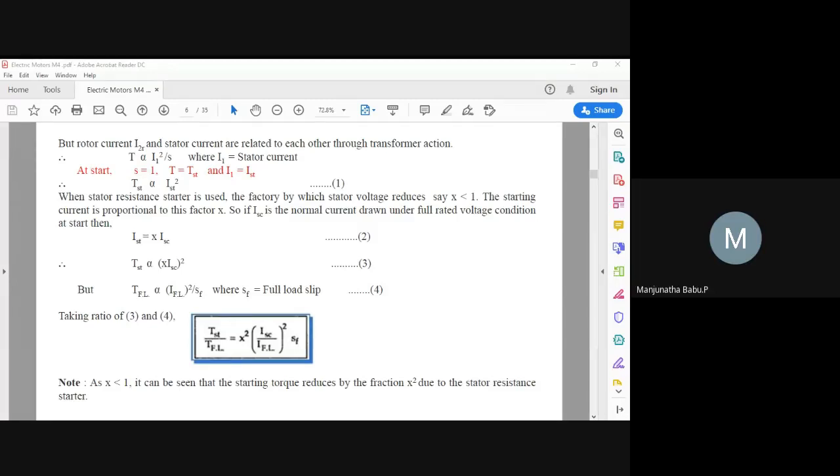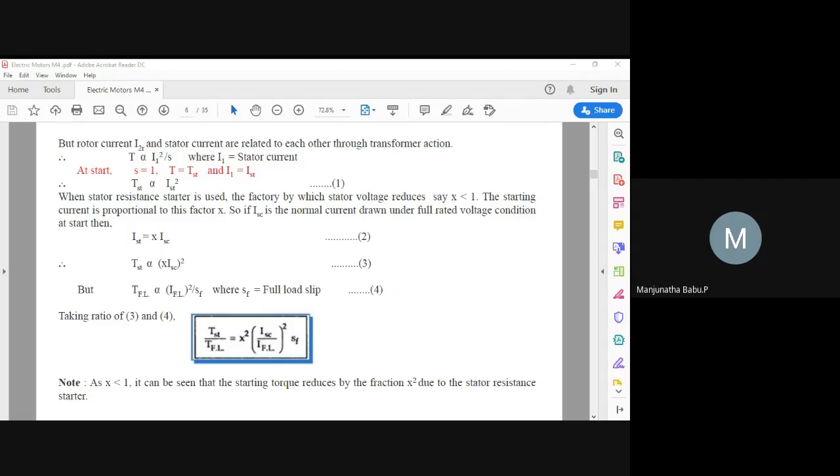Now this is the formula which will be used for any type of starter, whether it is a star delta starter, an auto transformer starter, or a dual starter. So we'll be using this formula. With respect to this, T start by T full load. As per the numerical, the slip SF has been given.